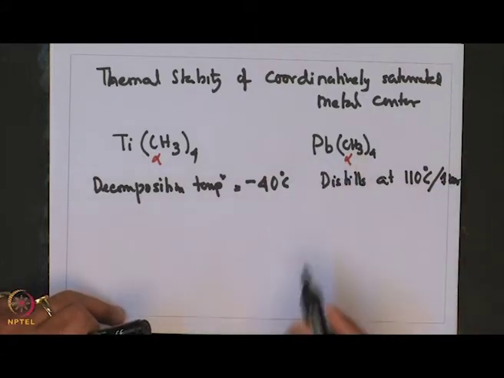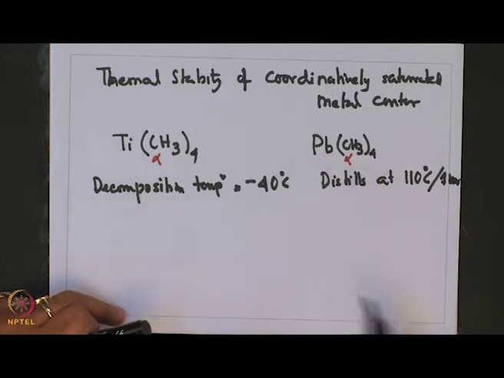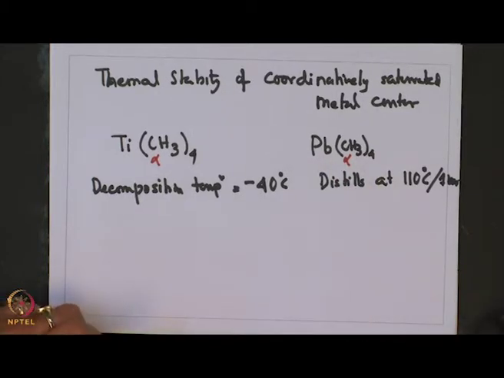So, this shows that this main group lead tetramethyl is exceptionally stable, so that one can distill it.